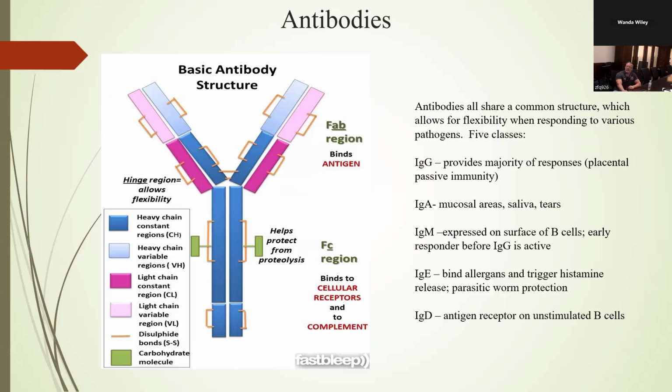We make a class of antibody called IgA that's basically found in your tears, your saliva, and in the mucosal areas of your body. What are the mucosal areas? Well, this can be areas like your nares, where you breathe from, your throat, your trachea, your mouth is somewhat considered a mucosal area. The perianal area, where your anus is, that's considered a mucosal area.